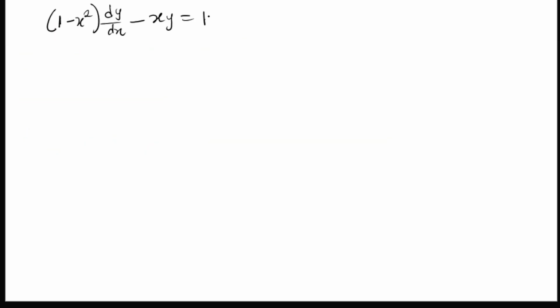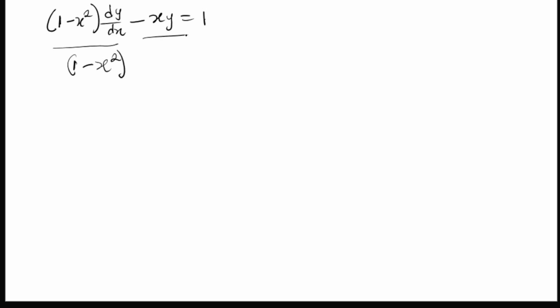Now the first thing using our integrating factor to solve this particular problem is to make dy over dx stand alone. To make dy over dx stand alone, we are going to divide all through our equation with 1 minus x square.